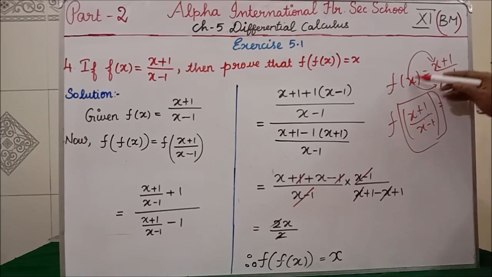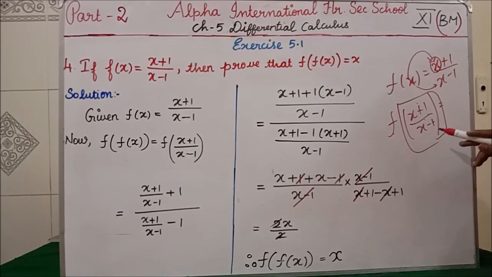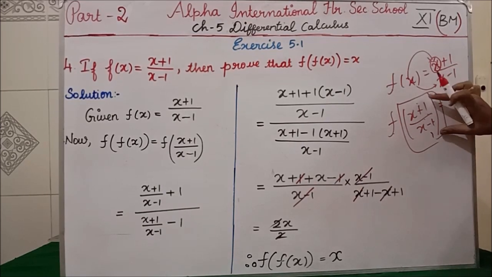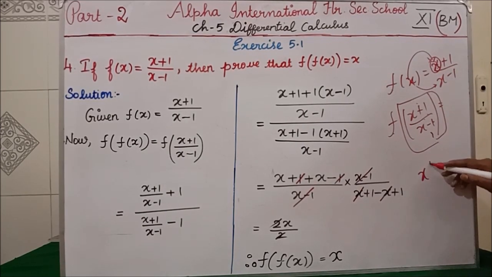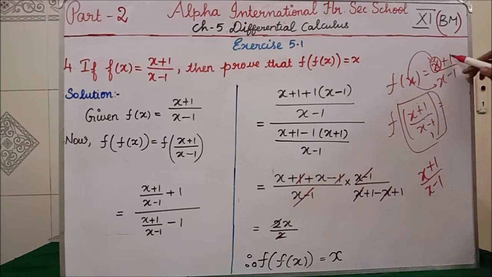In f of x, in the question you have to write x. Suppose f of (x plus 1 divided by x minus 1) means in the place of x you have to substitute this value. Here I am having x, instead of x I am going to write this. See, x plus 1 divided by x minus 1. Here I am having plus 1. I am writing that plus 1 divided by x minus 1.